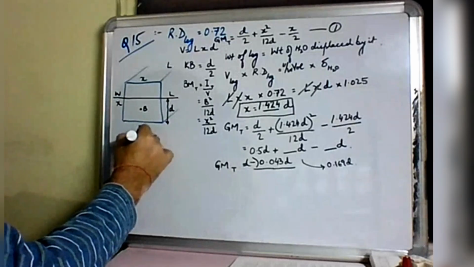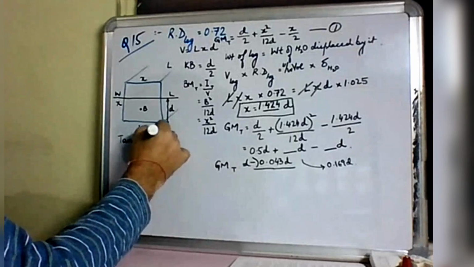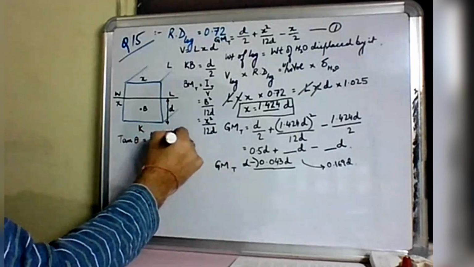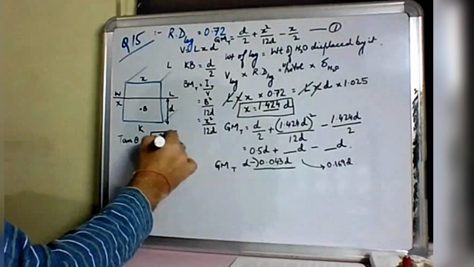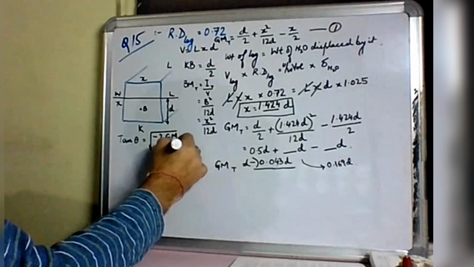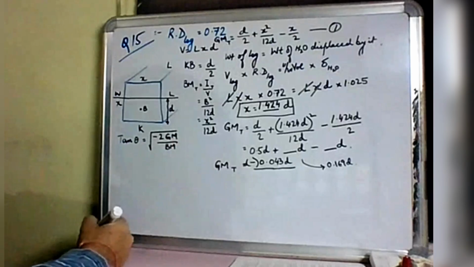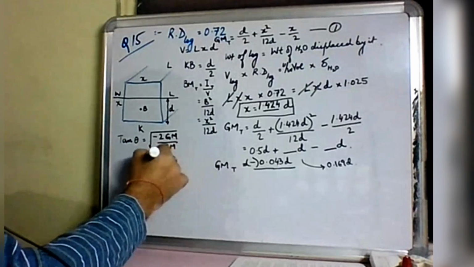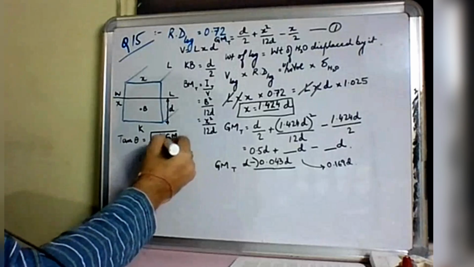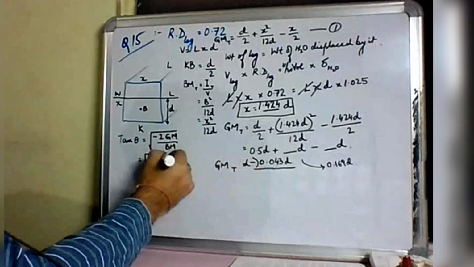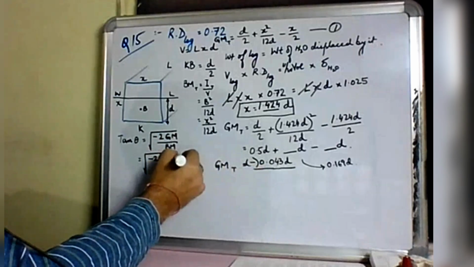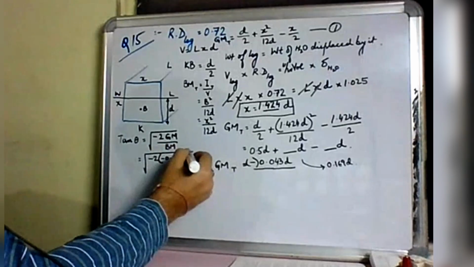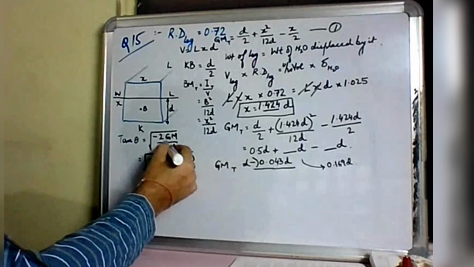Formula for angle of Loll. Tan theta is equal to under root minus 2 GM upon BM is equal to under root minus 2 into minus 0.043d upon BM.